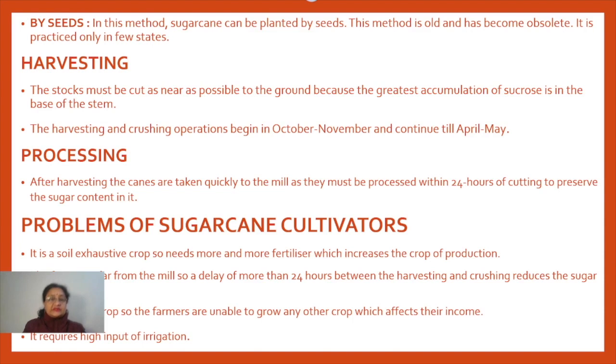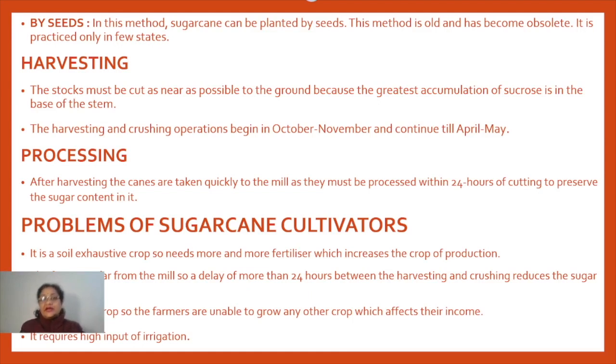Once the harvesting has been done, all the stalks are collected and taken to the sugar mills. First of all, when the harvesting has to be done, one more thing is always kept in mind: the stalks must be cut as near as possible to the ground.